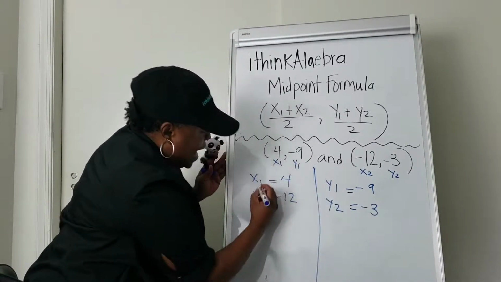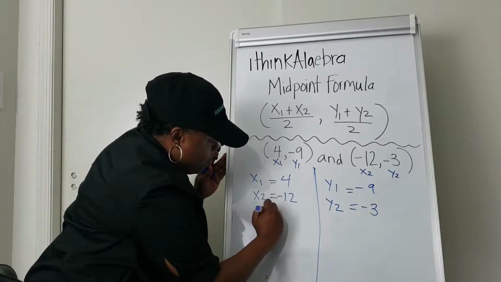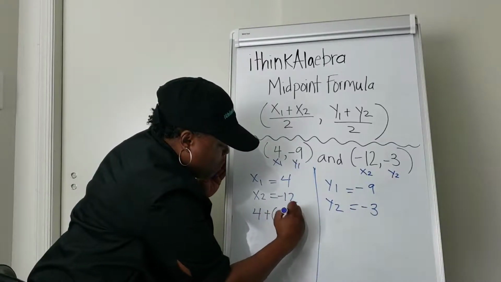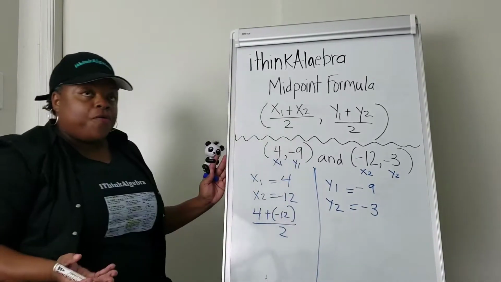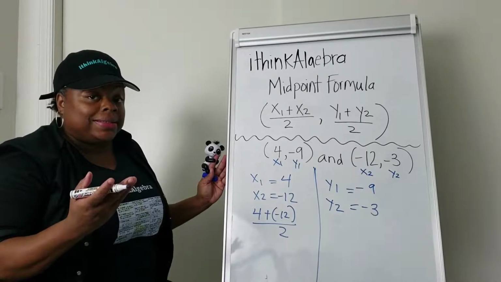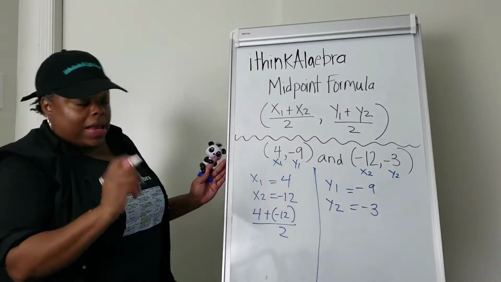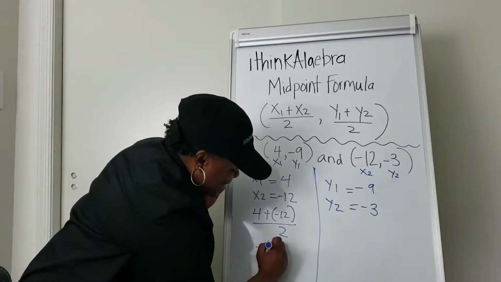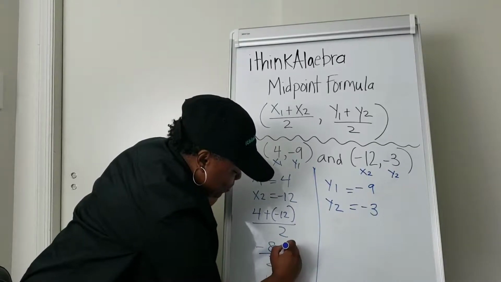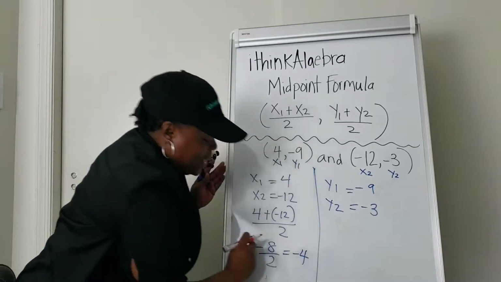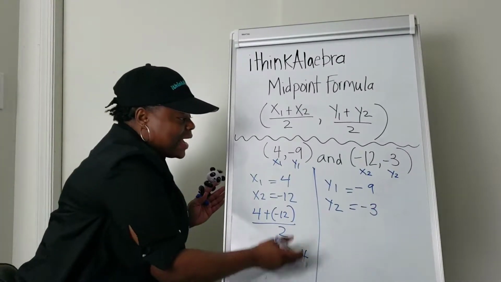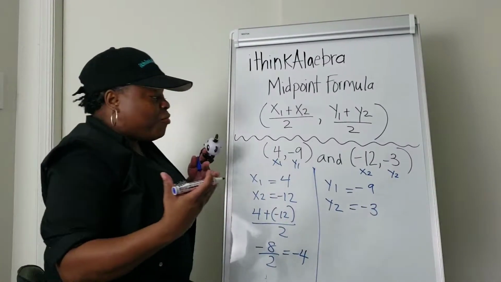So first we need to add them. 4 plus a -12 over 2. 4 and a -12 is -8, which over 2 is -4. A negative divided by a positive, you get a -4. So now let's average the y's.